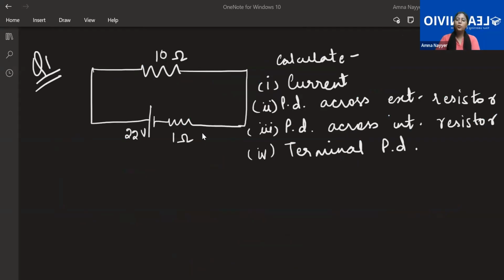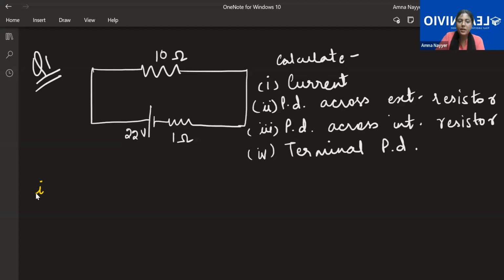Class, here you have to identify what is your external resistor and what is your internal resistor, and your question will be solved because you just have to identify that first. Once the symbols are identified, the formula is very simple. The resistor connected adjacent to the cell will be your internal resistance and the other will be your external resistance.